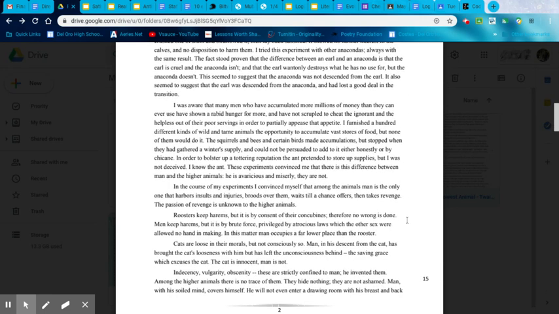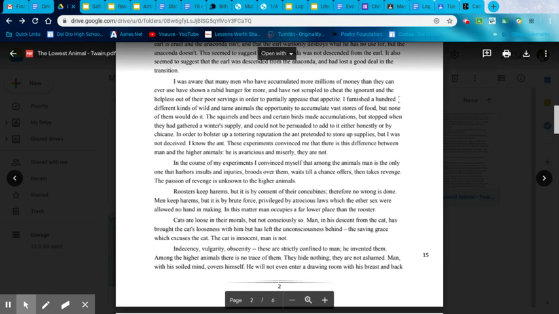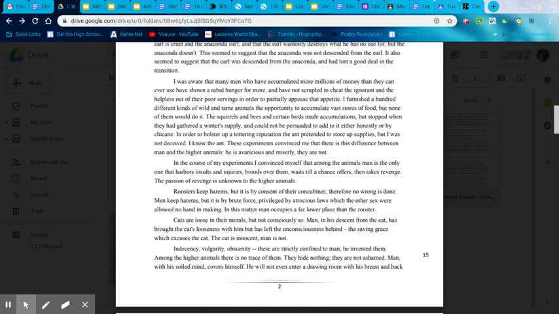I was aware that many men who have accumulated more millions of money than they can ever use have shown a rabid hunger for more and have not scrupled to cheat the ignorant and the helpless out of their poor servings in order to partially appease that appetite. I furnished 100 different kinds of wild and tame animals the opportunity to accumulate vast stores of food, but none of them would do it.